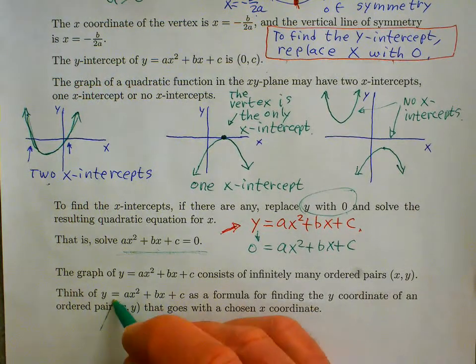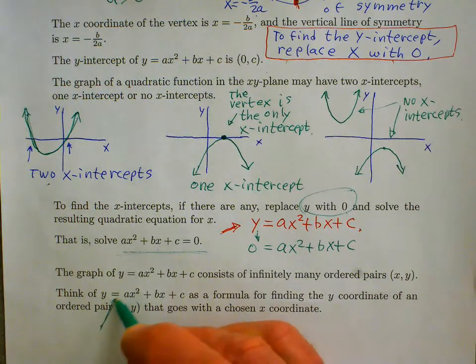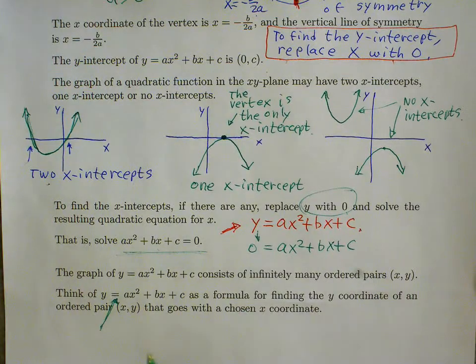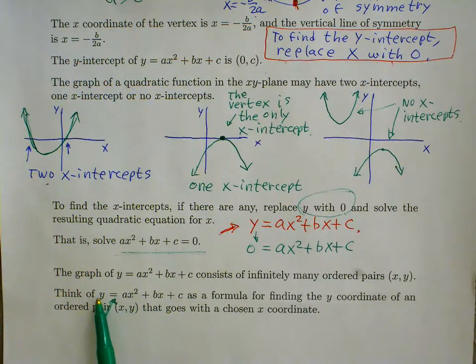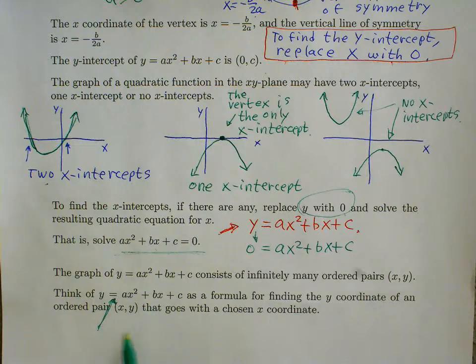I'll expound a little bit on that. We can pick x to be any real number that we want. Then we replace x with that number, do the arithmetic, and that tells us the y-coordinate that goes with the x-coordinate we chose.